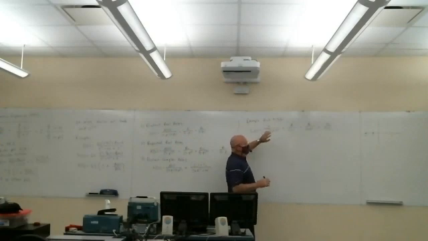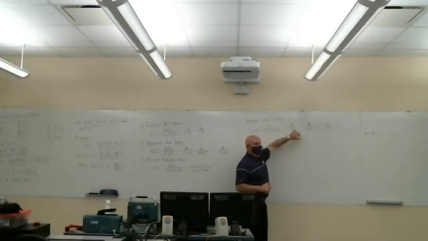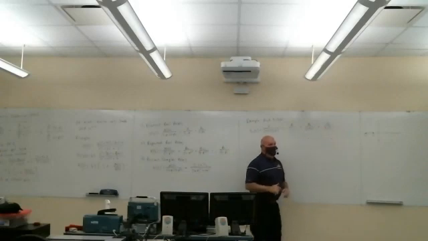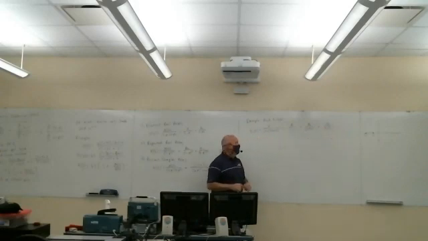I'm not going to rewrite it because there's a trick to doing that. If we multiply both sides by S plus 1, it cancels over here, and I would just have A1. But here I would have A2 times S plus 1, and here I'd have A3 times S plus 1.